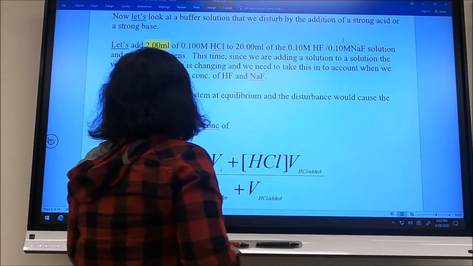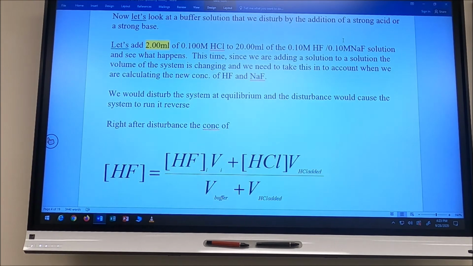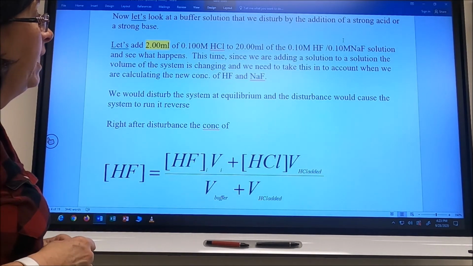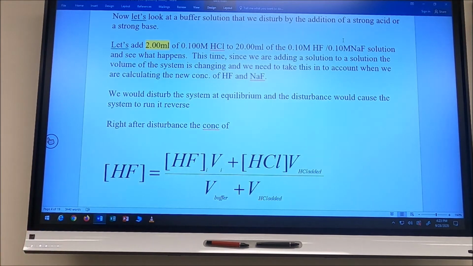So let's say I added 2 milliliters of 0.100 molar HCl to 20 milliliters of a 0.10 molar HF, 0.10 molar NaF solution. And let's think about what happens.